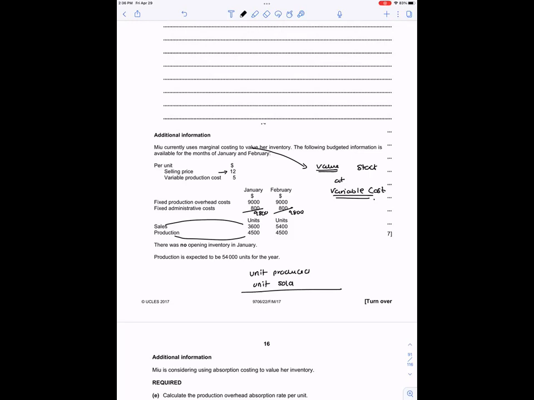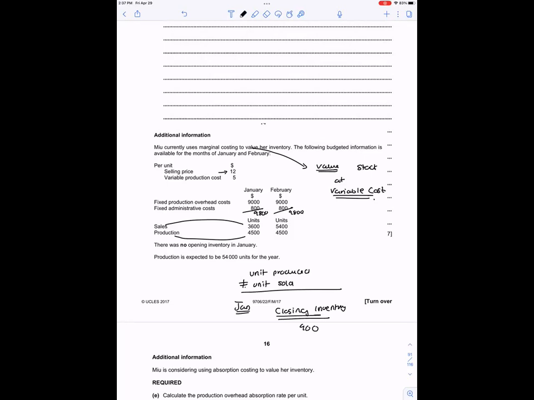Unit produced is not equal to unit sold. That means for the month of Jan, I will have closing inventory. How much is the closing inventory? 4,500 minus 3,600. For the month of Jan, I have closing inventory 900.